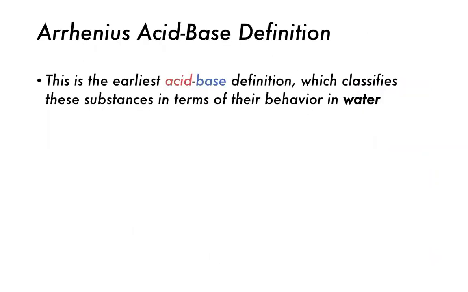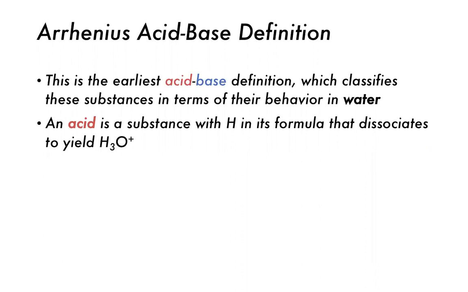So the earliest acid-base definition is the Arrhenius acid-base definition. This classifies these substances in terms of their behavior in water, because at this point, acids and bases were only really known to exist in aqueous solutions. Under this definition, an acid is a substance with H in its formula that dissociates to yield H3O+.